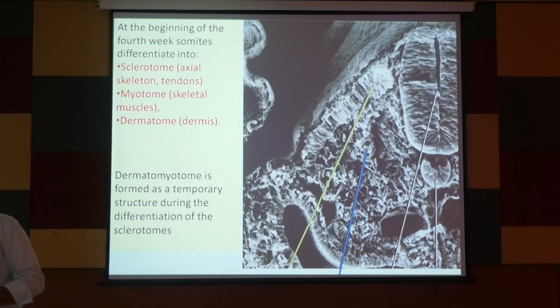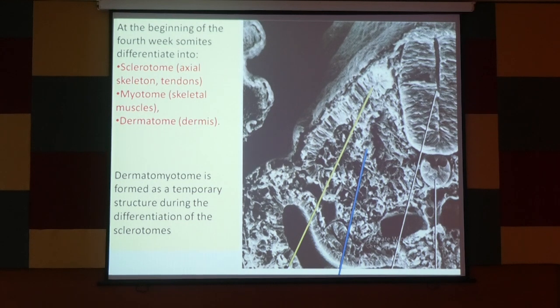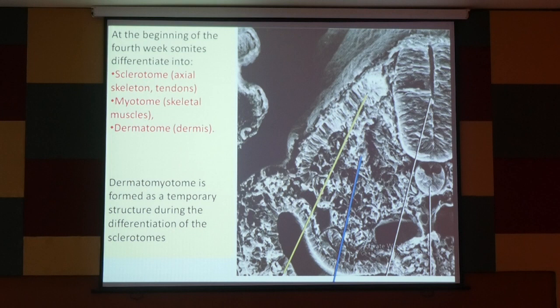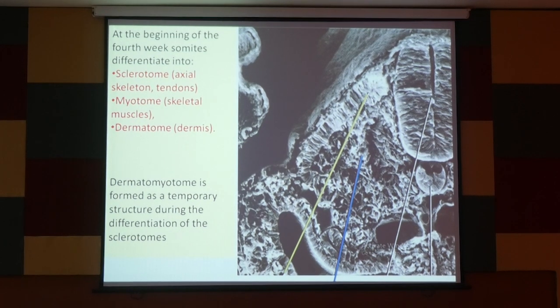So, once again, we started with the mesoderm, which has three components. What are these components? Axial, intermediate, and what do you think?